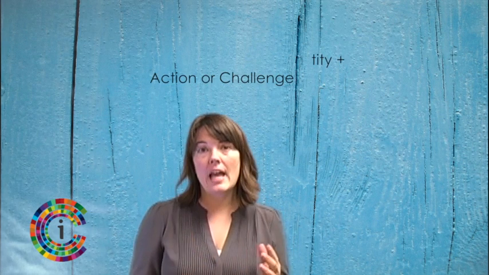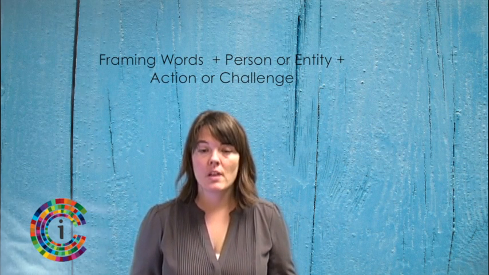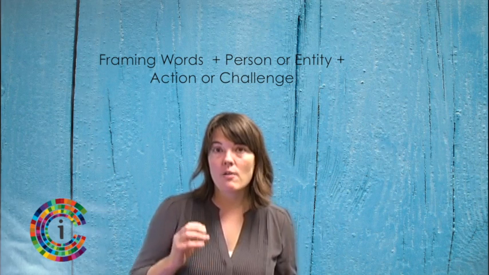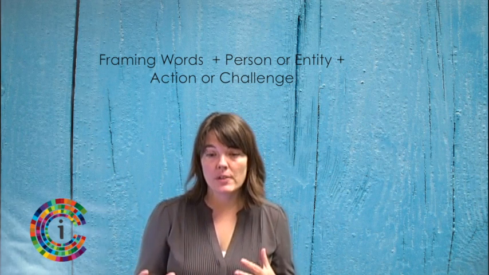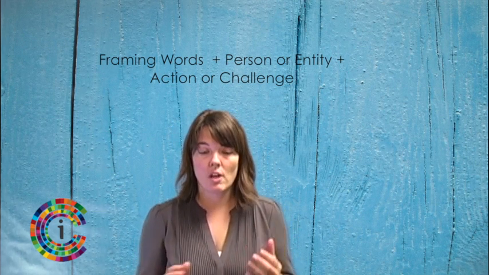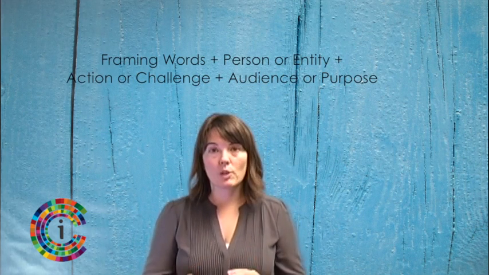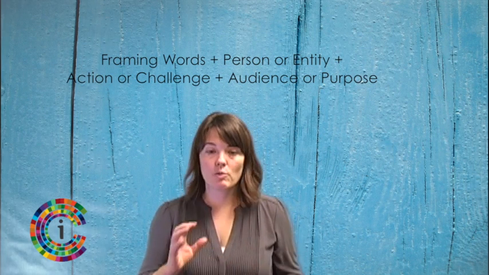We then pull in an action or challenge word: how could the nation build? How could the nation design? How could I build? How could I solve? How could you solve? Then we combine it with an audience or a purpose, for example a real-world problem or a specific group of people.